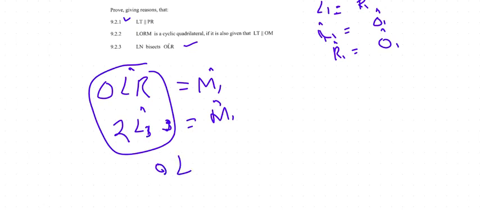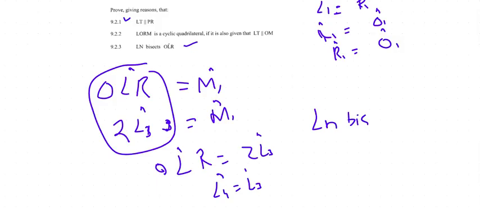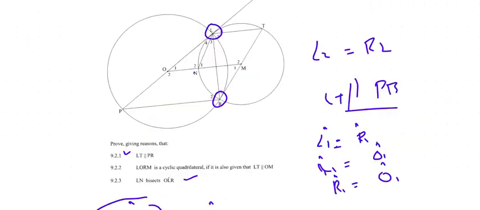So L4 equals L3, and LN bisects OLR. So this is the required answer we were looking for.